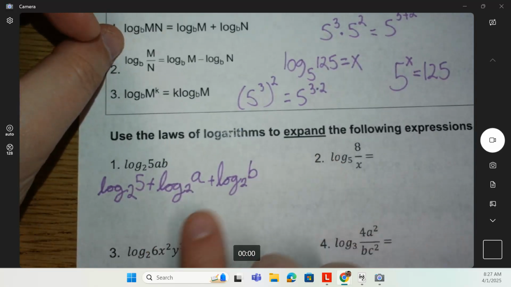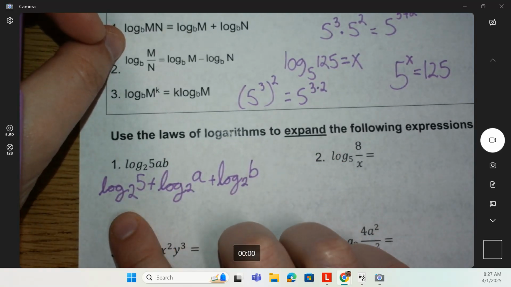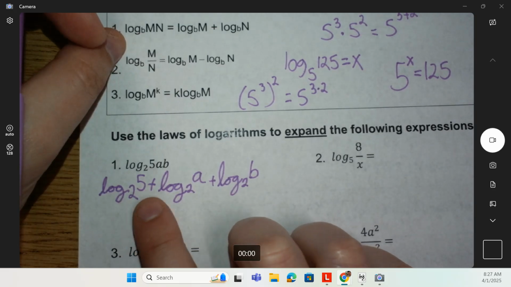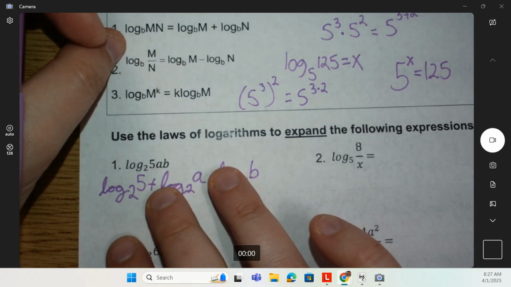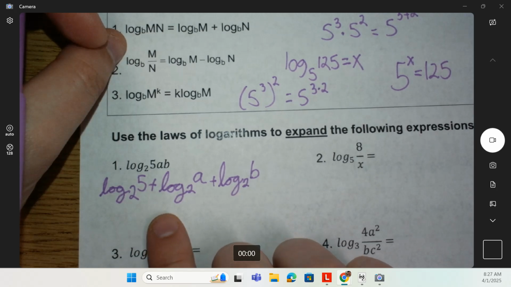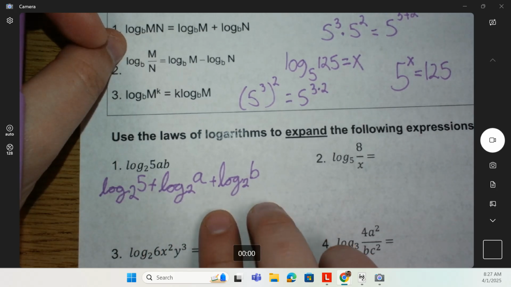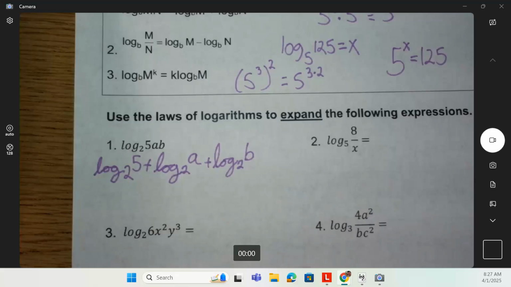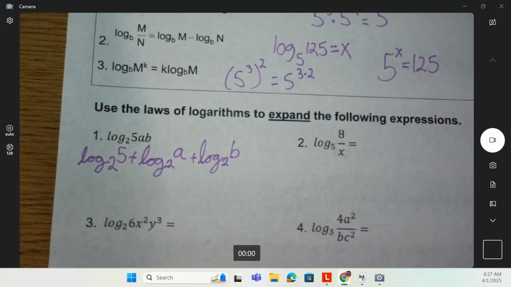We're expanding them. So I could find what exponent I would put with 2 to get to 5. And in a lot of these instances, you'll get a decimal number of some sort. But a lot of applications with this is when we plug in different things for A and B, or for the answer and things like that.